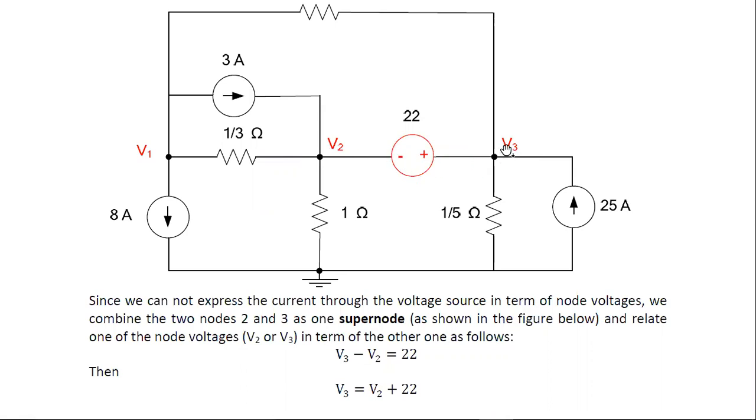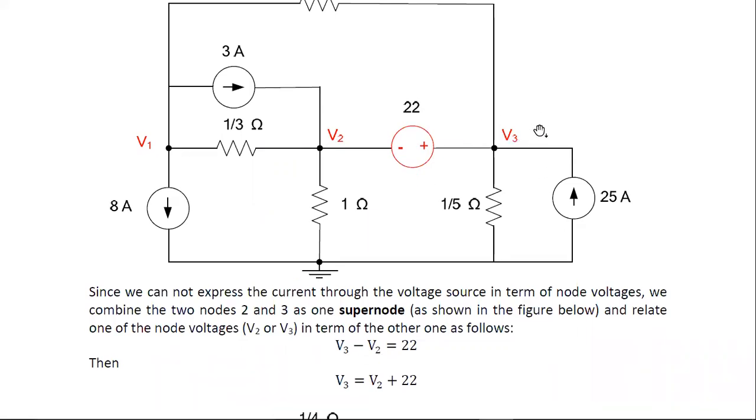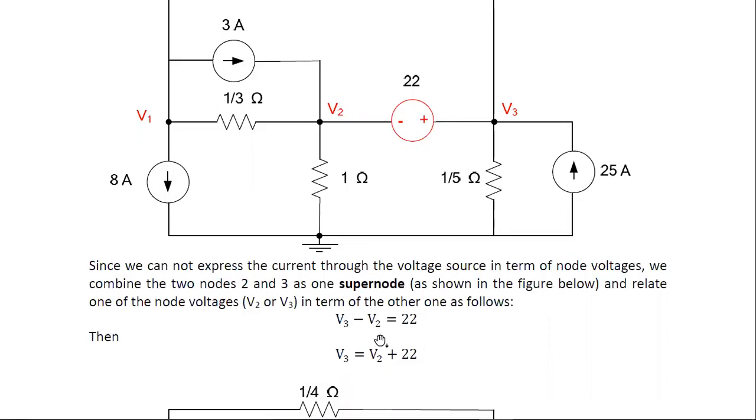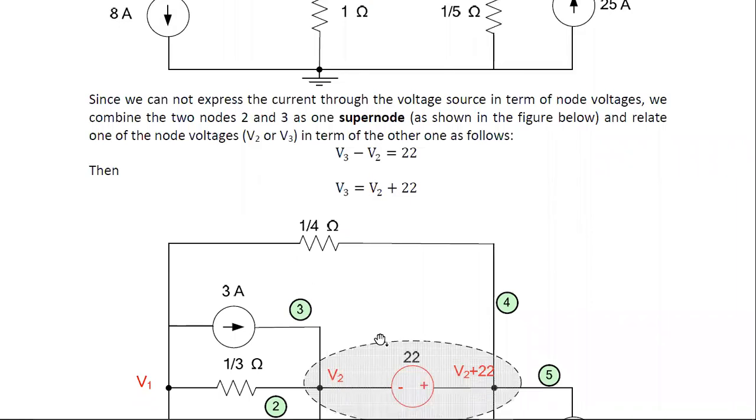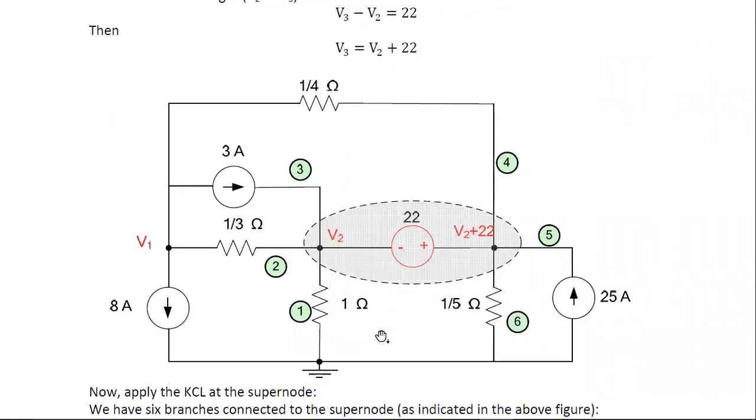V3 is at the higher potential, so V3 minus V2 equals 22 volts. Then V3 will be V2 plus 22, always higher than the lower potential V2. That is the supernode.